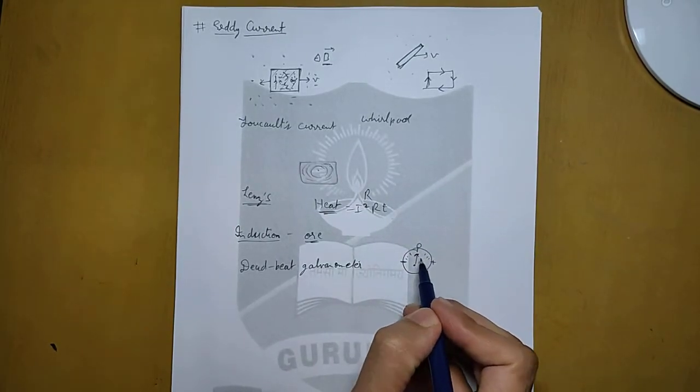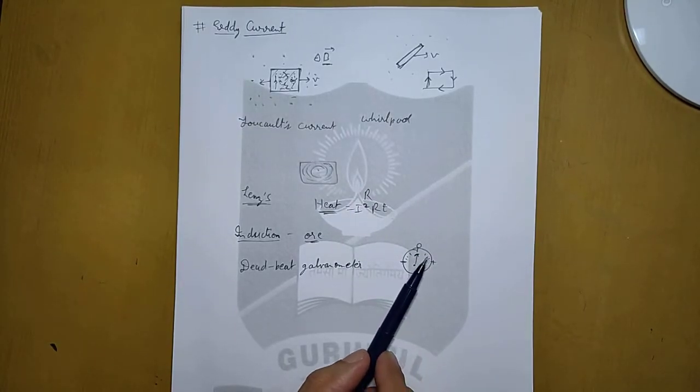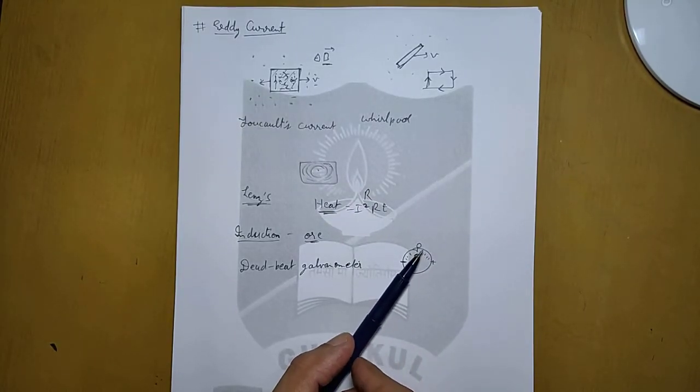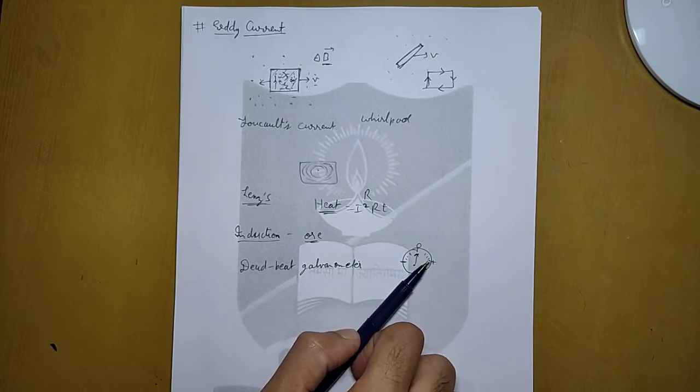Whenever a galvanometer detects a current, this needle moves to a particular value, but it does not come to rest at once. So reading the value becomes difficult because the observer has to wait for the needle to come to rest. The needle keeps on oscillating for a certain period of time.